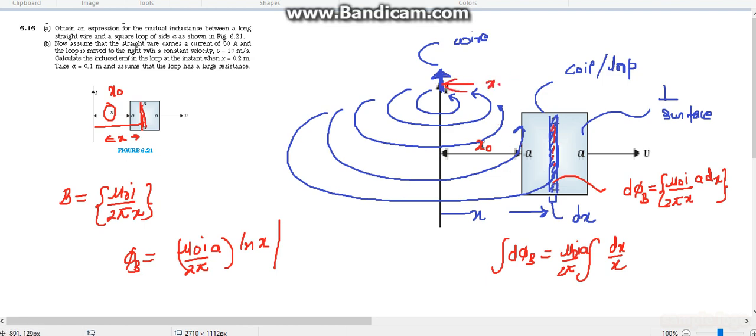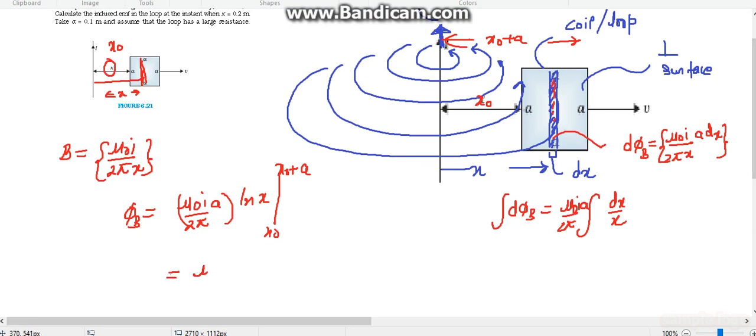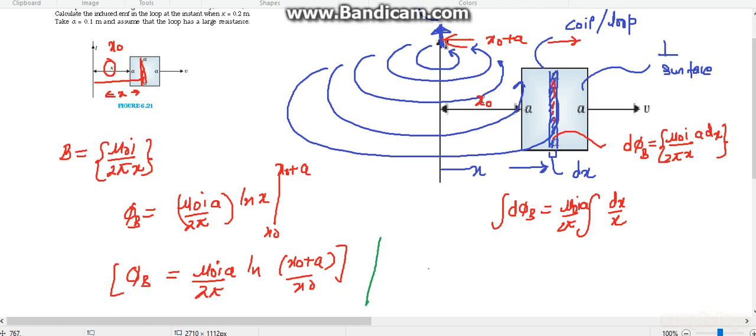The outer distance is x0 plus a. So we get the result as mu 0 I a upon 2 pi ln of (x0 plus a) upon x0, which is the flux.